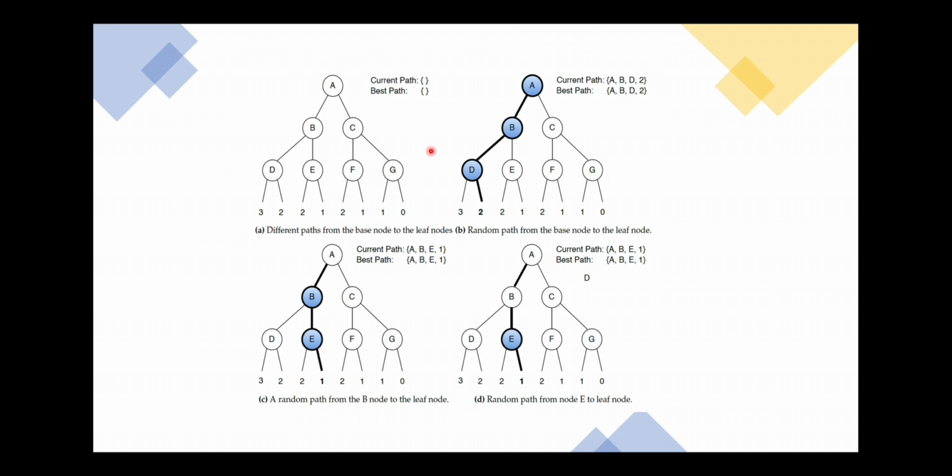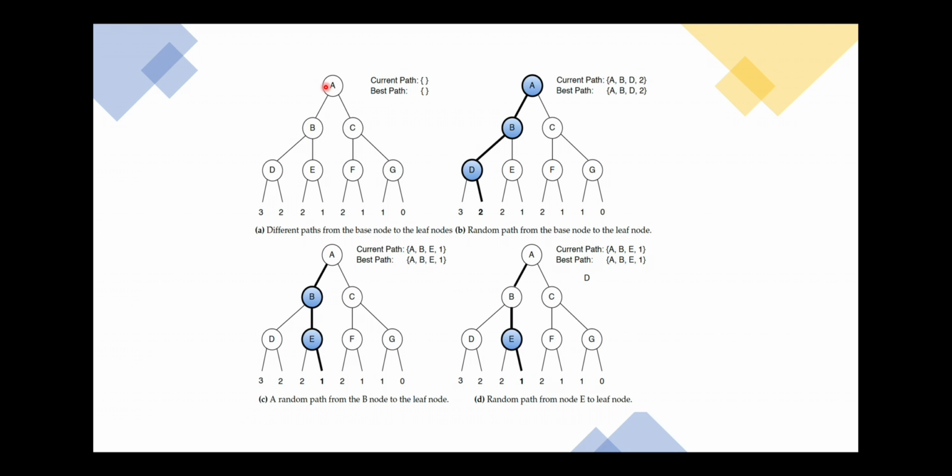Let's take another clear picture of how our algorithm works. Here we have a complete tree. You can see all the paths, and all the distances or weights assigned to leaf nodes. But I don't know what the actual path is. So let's say I'm here at level 0.